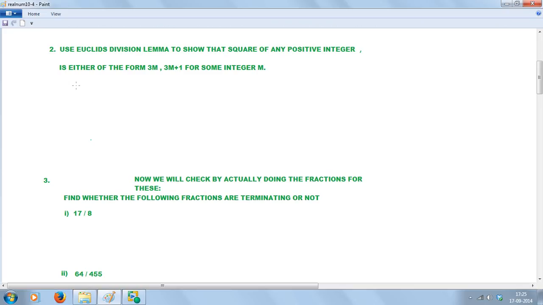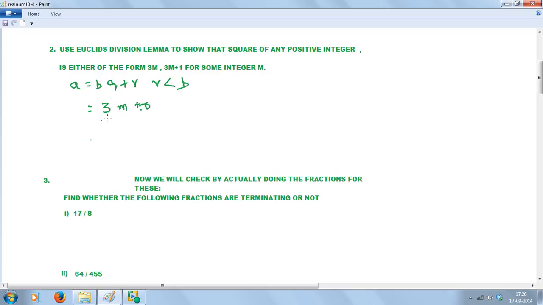So as per Euclid's formula, a is equal to bq plus r, where r is less than b. In this case, what is b? b is 3. First we will take the case a equal to 3m plus 0.